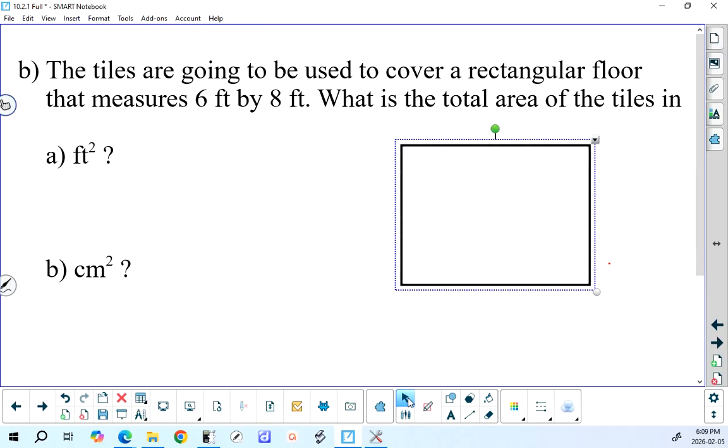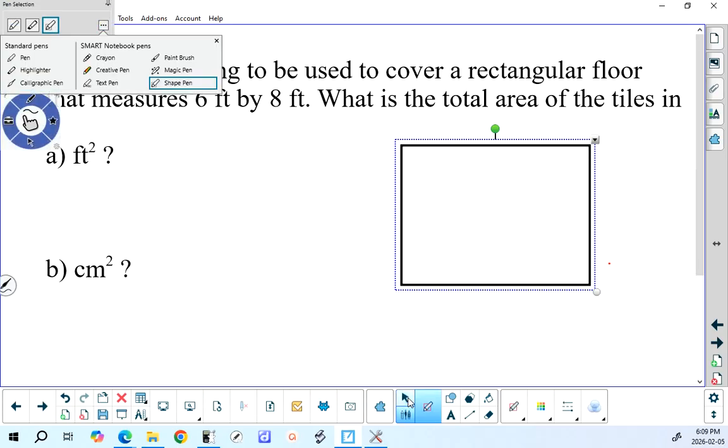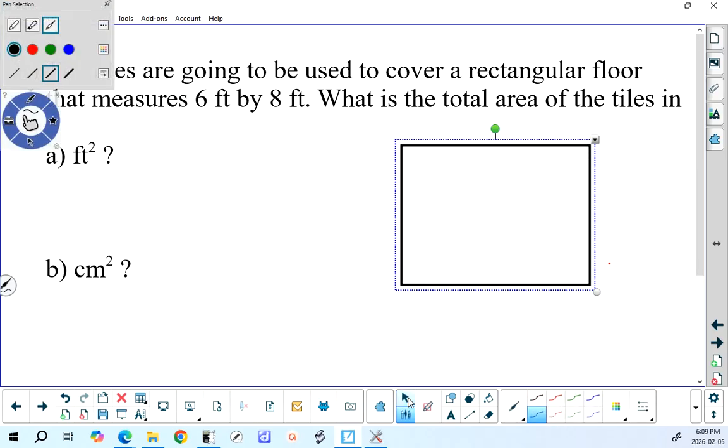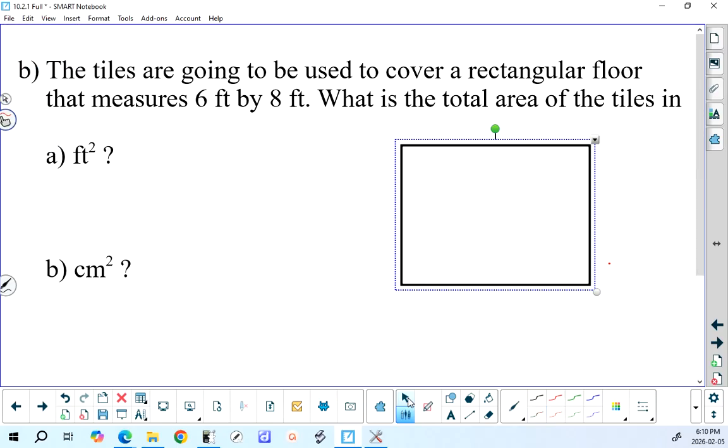Yeah, maybe like that. So it's 8 feet across and 6 feet tall. This is 8 feet. This is 6 feet.